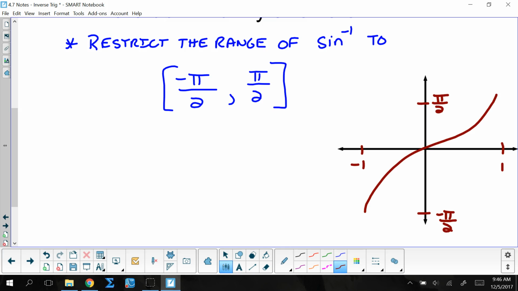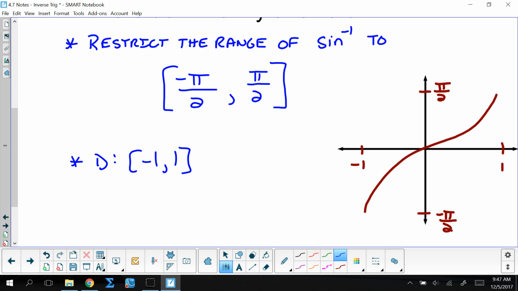And at positive pi over 2, I'm at positive 1. So that is where we are restricted. My domain is still negative 1 to positive 1, right?